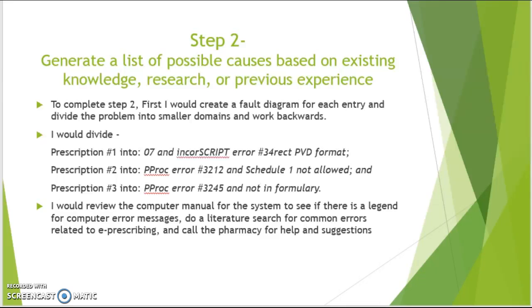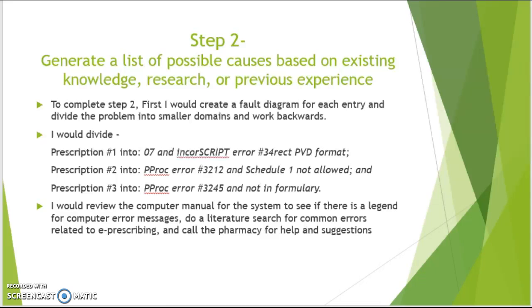So then prescription number two, I broke it up into procedure error number 3212, and schedule one not allowed. I looked in the legend again to see if there was procedure error number 3212, and schedule one not allowed, and it wasn't in there either. I looked up number three, procedure error 3245.